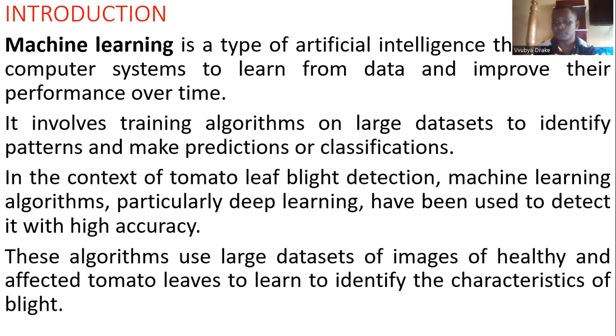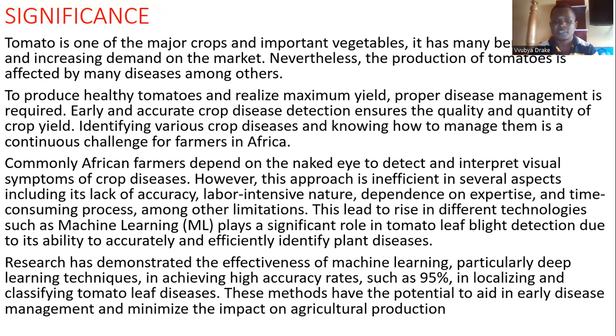In the context of tomato leaf blight detection, machine learning algorithms, particularly deep learning, have been used to detect it with high accuracy. The other thing is the significance of the project. As I've already told you, farmers are only using their naked eyes to detect whether it's leaf blight or any other disease, hence less accuracy.